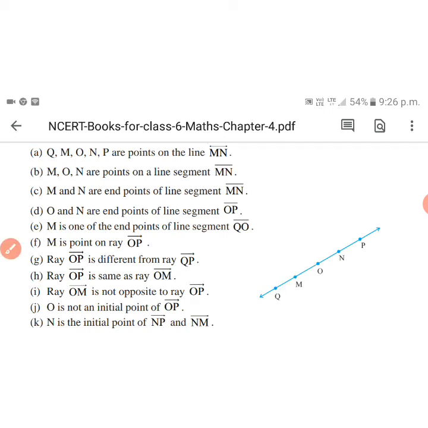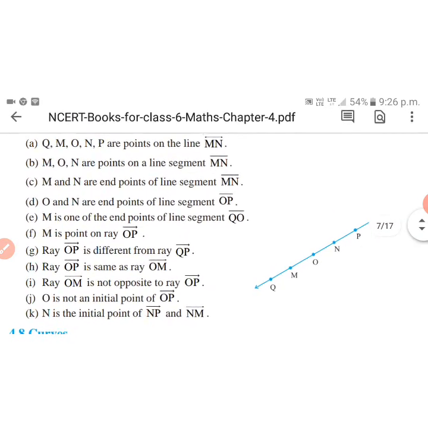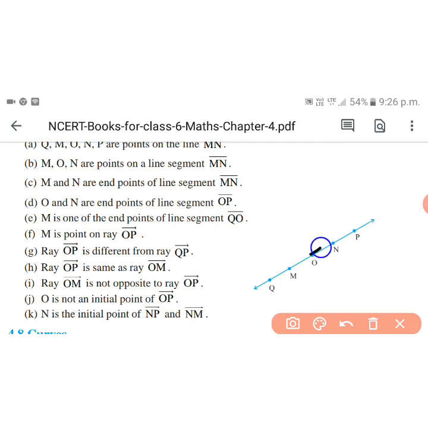F part: M is a point on ray OP. M is not a point on ray OP, so the statement is false.